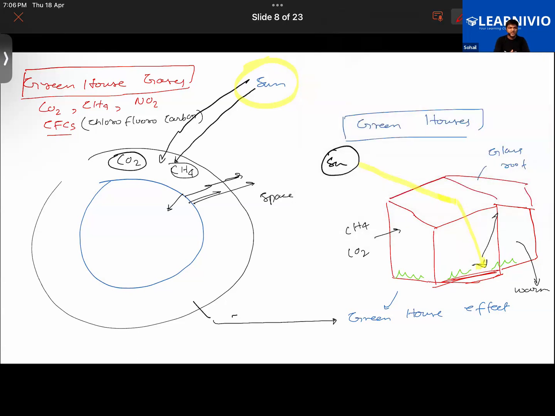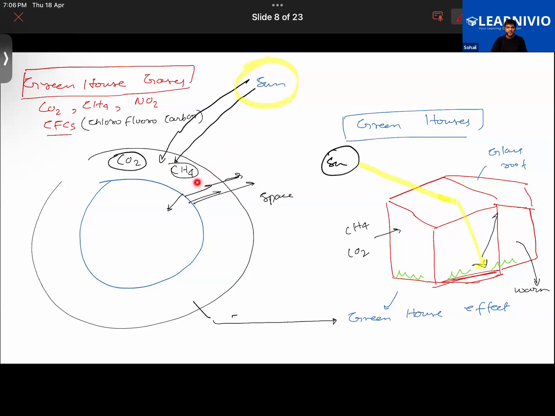You guys know that this greenhouse effect not only happens in the case of Earth, but it can happen in case of other planets also. Like it happens in the case of Jupiter also. So basically, what we have understood in greenhouse effect, there are some particular gases in the atmosphere which do not allow the heat from sun's rays to escape back into space.